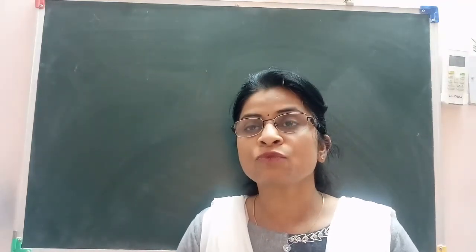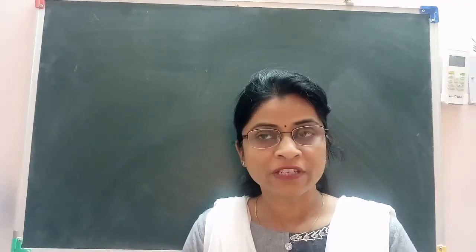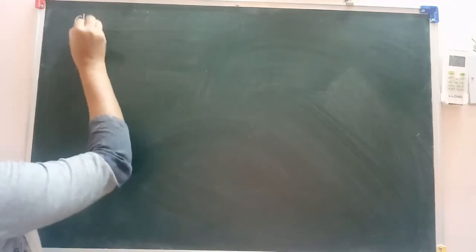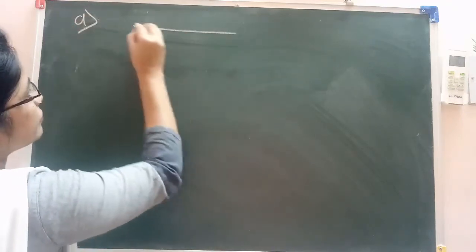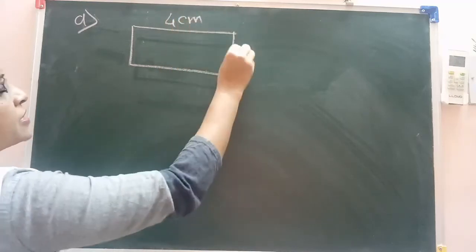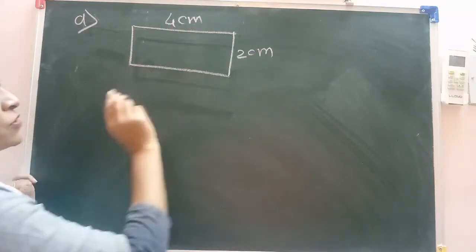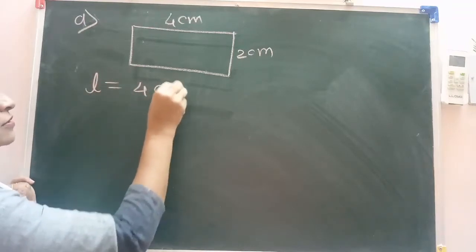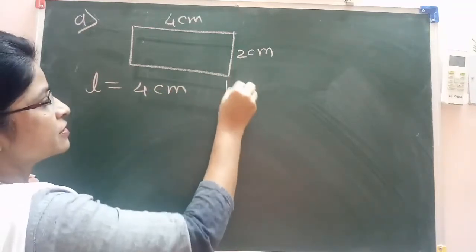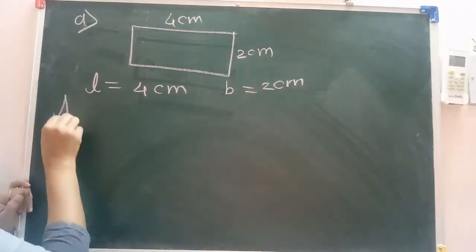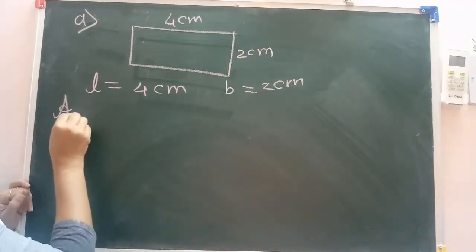By using these formulas, we will solve question number 2 of textbook page number 174, where the figure is given. This is 4 centimeter and this is 2 centimeter. As we know, this is a rectangle, so the length is given as 4 centimeter and the breadth is 2 centimeter. So for this, we have to find the area.